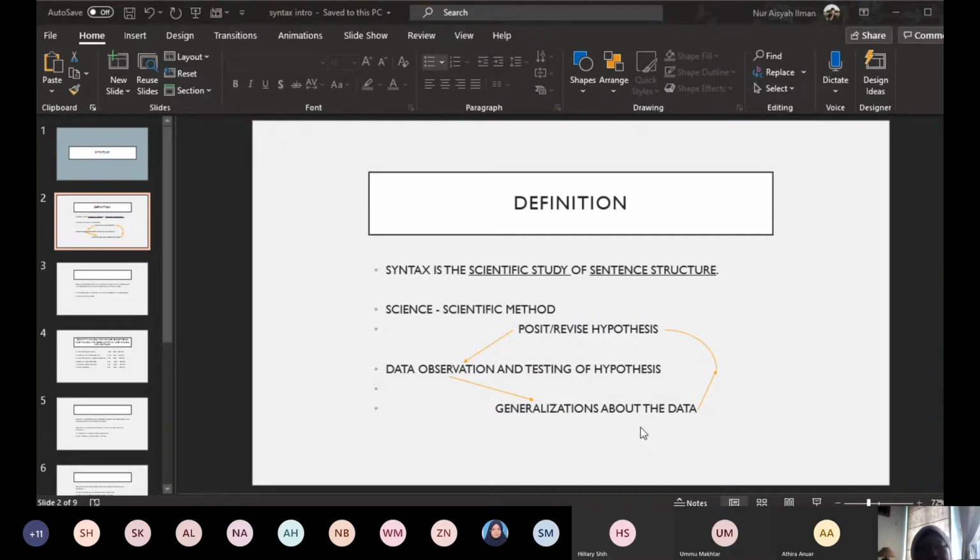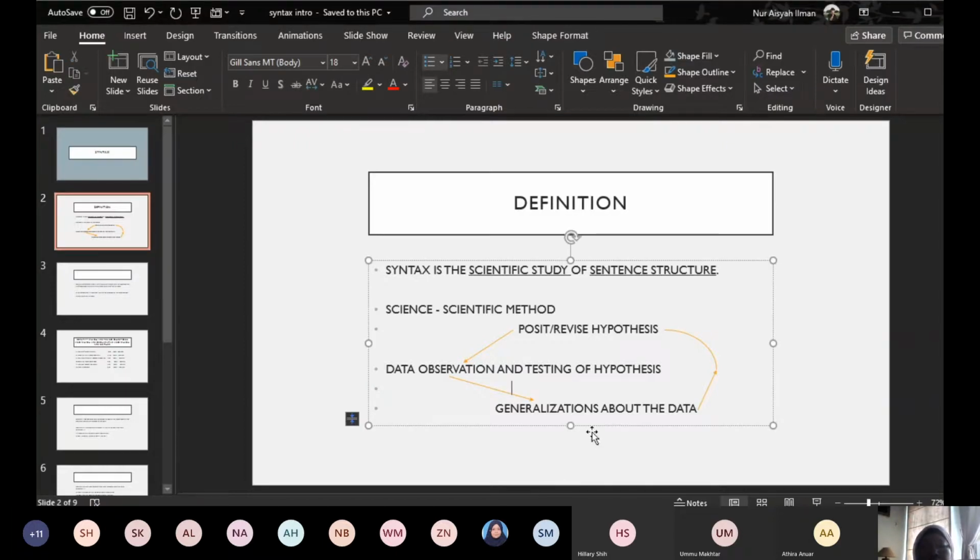Tetapi ada kala there are some times where after you looked at the data and you test your hypothesis, you find that you have to change, you have to revise your hypothesis. So that's where the line between generalization about the data goes back to the revised hypothesis.